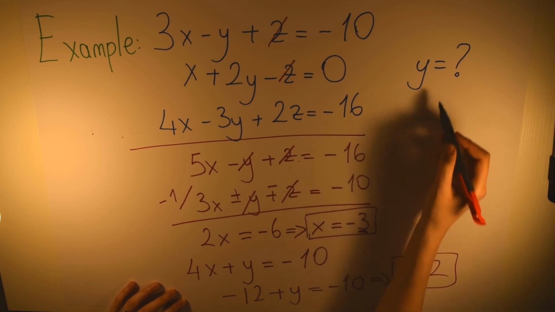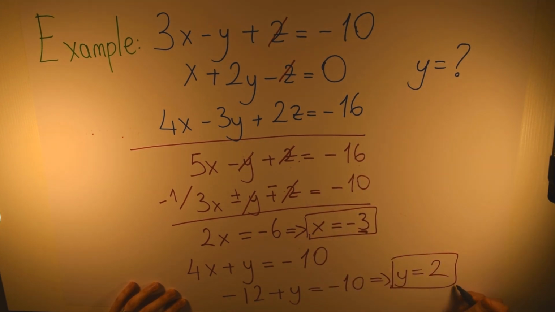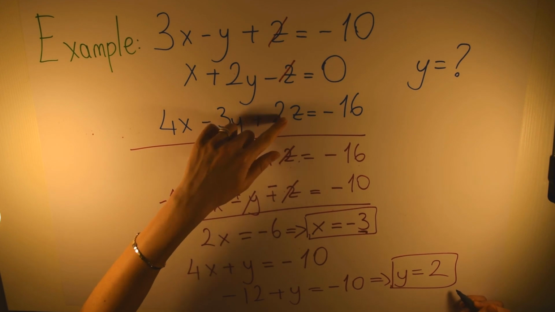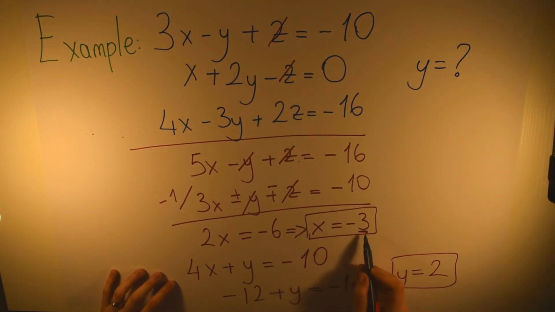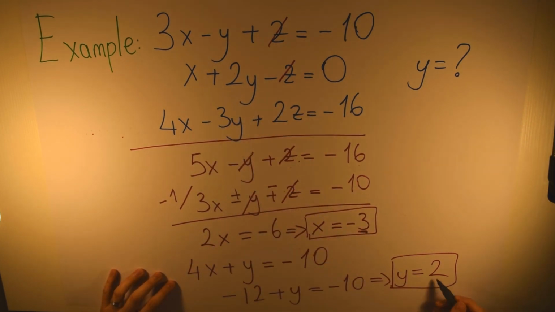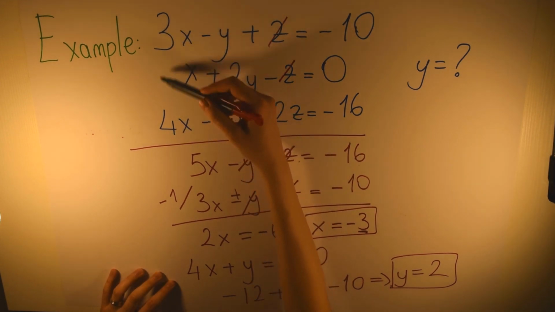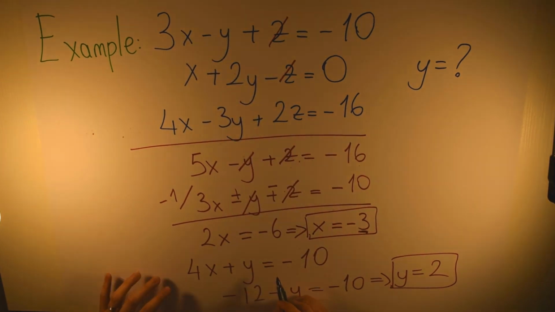So y is equal to 2. To find z, you just go and put minus 3 instead of x and 2 instead of y in one of these three equations, and you will be able to find the value of z.